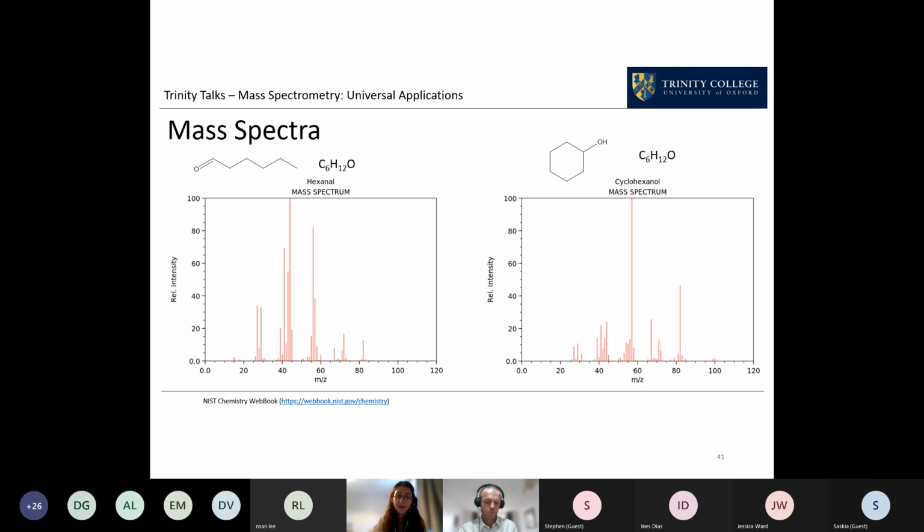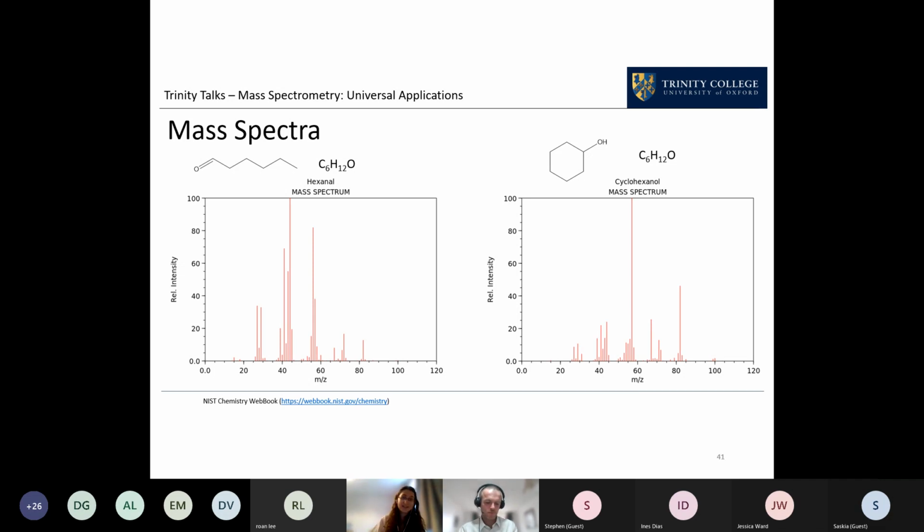And this is their mass spectra. You have the same starting mass, but because they have different structures, when you ionize them, they fragment and form different ions. So different bits break off, basically, and all the different combinations add up to make this mass spectra, and they're very, very different.